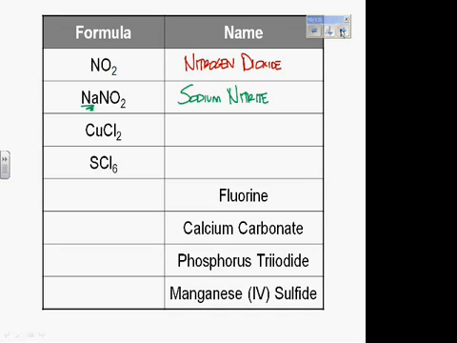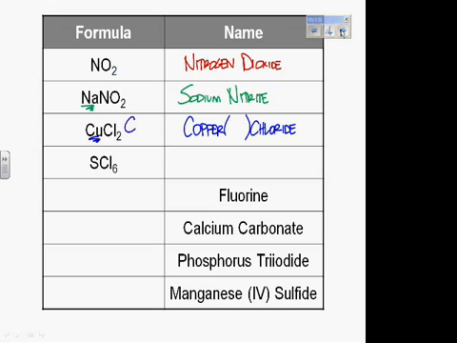The next one, do we have a metal in here? You bet we do. Copper is a metal. And copper is one of those metals that has got more than one kind of ion that it forms. So we need to leave some parentheses in there to tell what is the charge on this particular copper. And it's paired up with chlorine, which will be changed to chloride for this compound. Now, what's the charge on that copper?